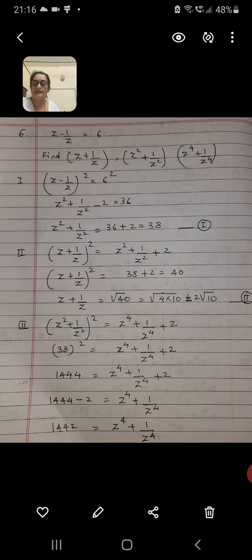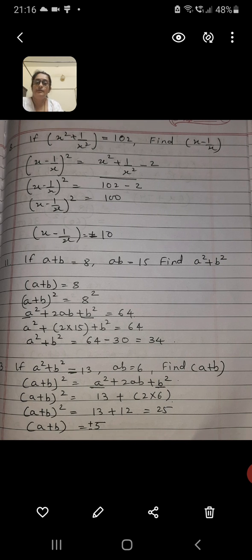So replace that value there, 38 square is equal to z raised to 4 plus 1 upon z raised to 4 plus 2. So plus 2 will go to the right hand side and it becomes negative. That gives you 1442 is equal to z raised to 4 plus 1 upon z raised to 4.